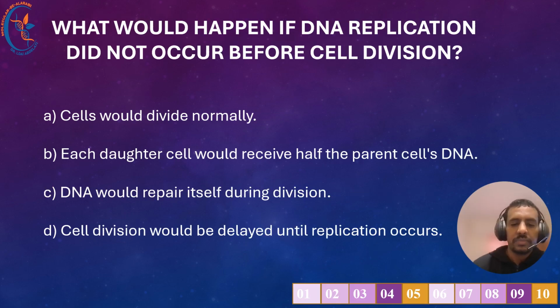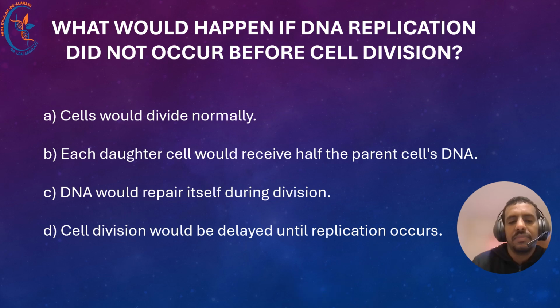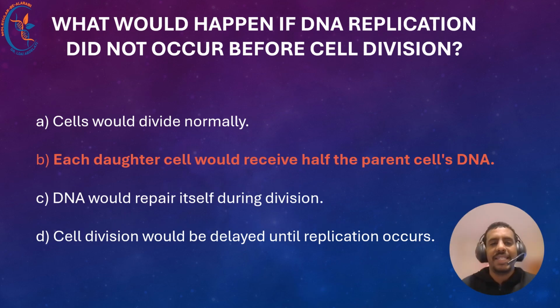All right, let's go. The next question is: what would happen if DNA replication didn't occur before cell division? Of course, without DNA replication, daughter cells would receive only a portion of the parent cell's DNA instead of a complete set, right?